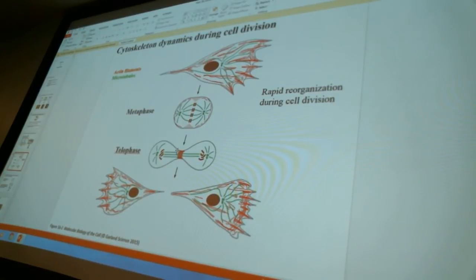And as the cell completes the division, the network of actins and microtubules is quickly reorganized yet again to form a regional steady state of the non-dividing cell, where the actin filaments will be forming various bundle or fibrous structures, dendritic structures throughout the cells, within and just under the surface of the cells, and microtubules will be organized into this centralized array around the centrioles.